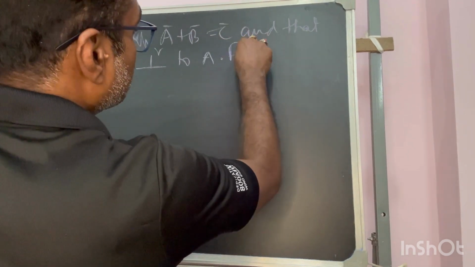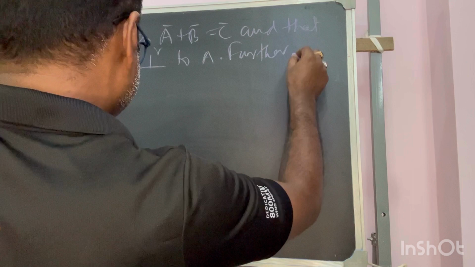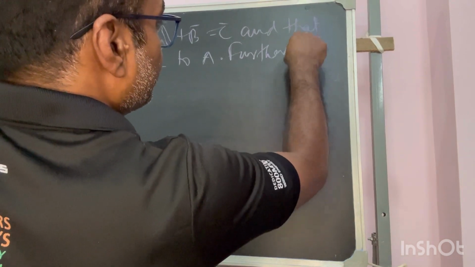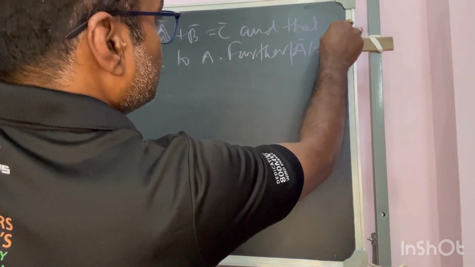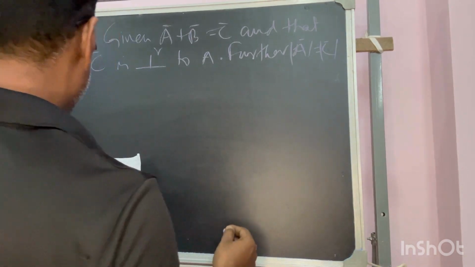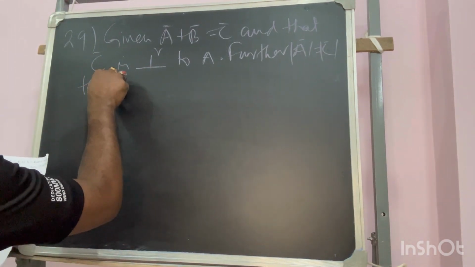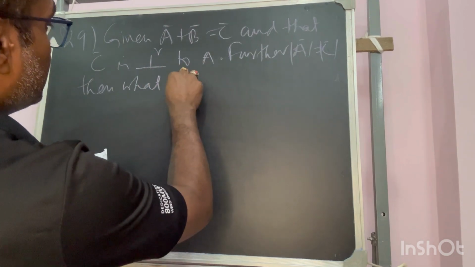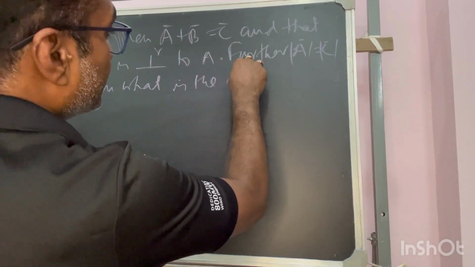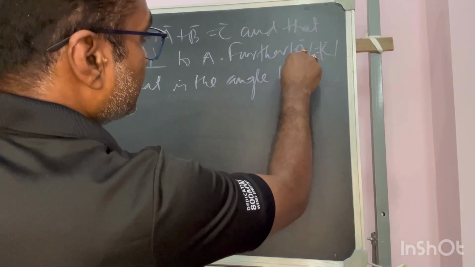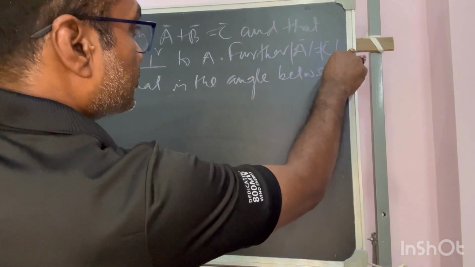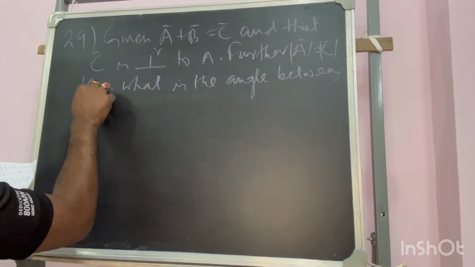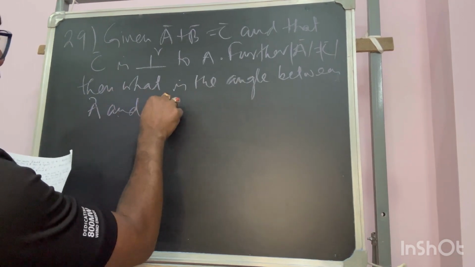Further, magnitude of A is equal to magnitude of C, then what is the angle between A vector and B vector?